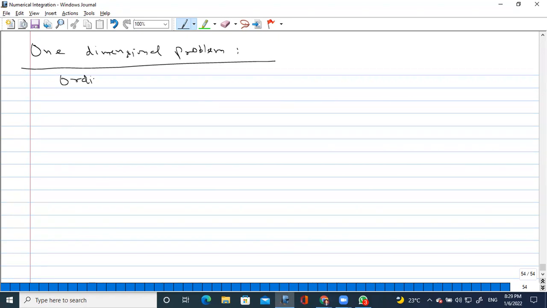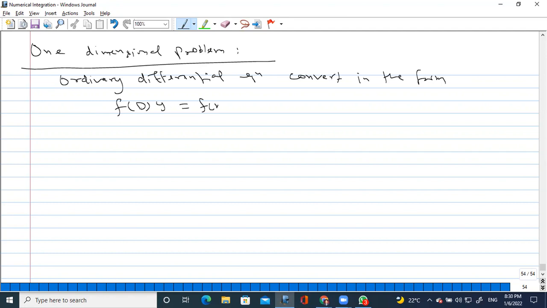Ordinary differential equation, such type of ordinary differential equation, convert in the form. This is my form. We have taken Ly equal to f(x) now.